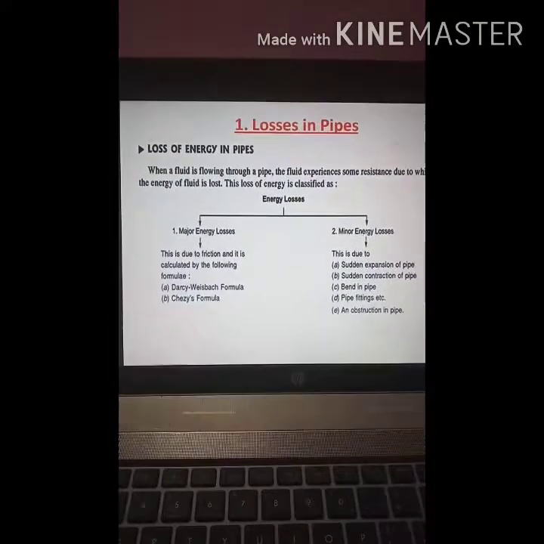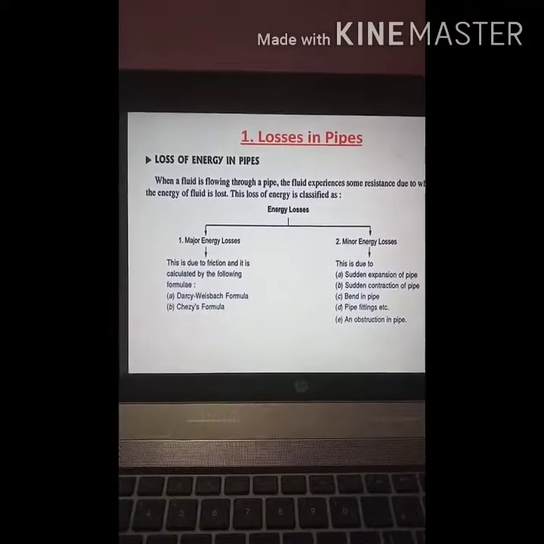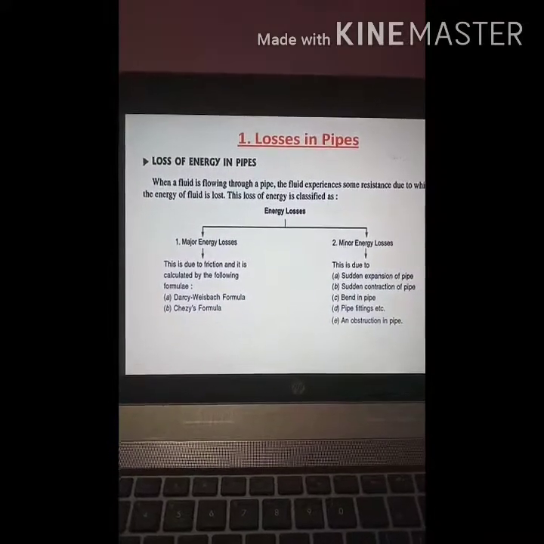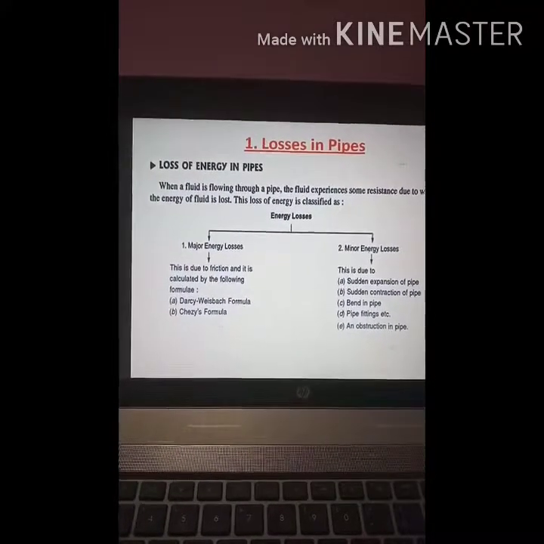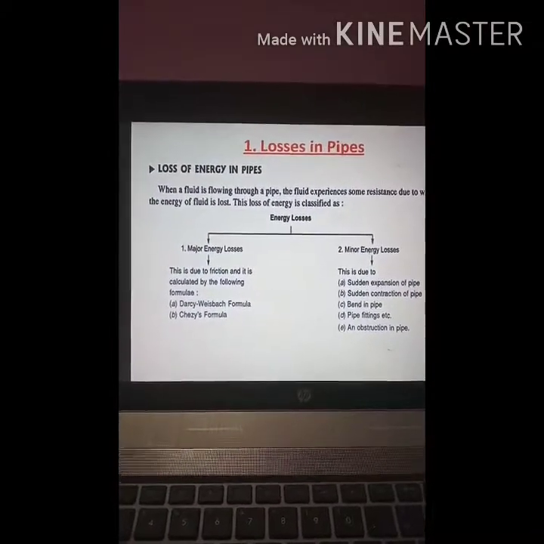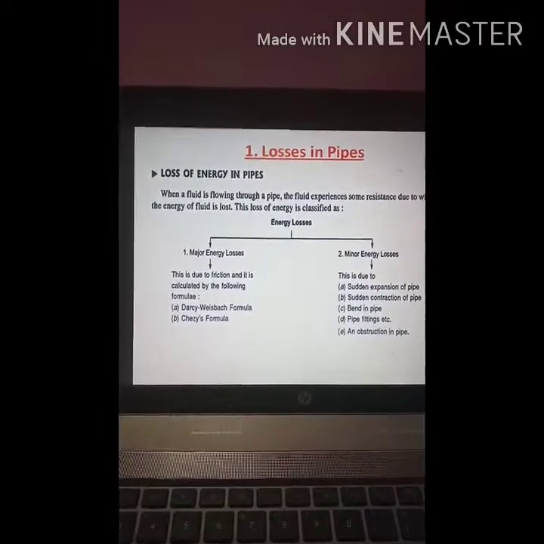And second, the minor energy loss. The minor energy loss is nothing but because of the area change of the pipe. If there is a sudden change in the cross-section area of the pipe during the flow, then the fluid experiences some loss. That is called a minor energy loss.